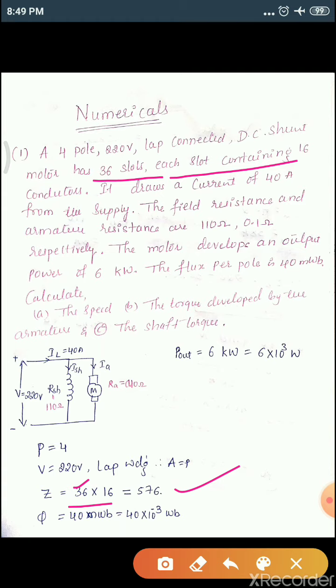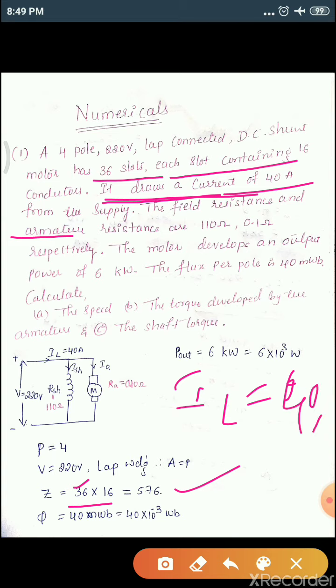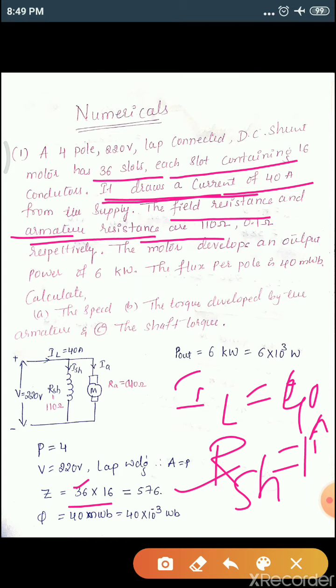It draws a current of 40 amperes, meaning IL is equal to 40 amperes. The field resistance and armature resistance are 110 and 0.1 ohm, so field resistance RSH is equal to 110 ohm and armature resistance RA is 0.1 ohm.